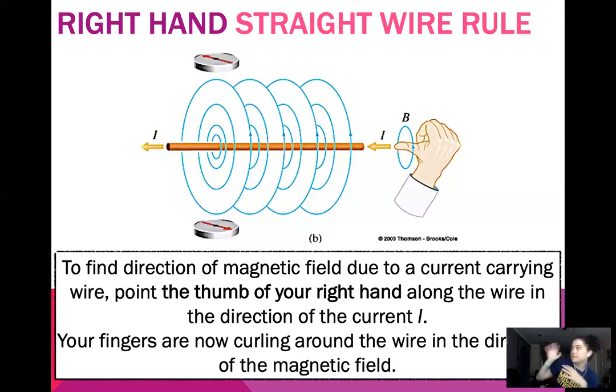A little weird, I don't know if this is perfect, but let's look at just this picture. We've got a thumb pointing from the right to the left, along the direction of the wire. And we see these fingers curling around and grabbing the wire. So the direction that your fingers curl, from your knuckles towards the tips of your fingers, is the direction of that magnetic field.